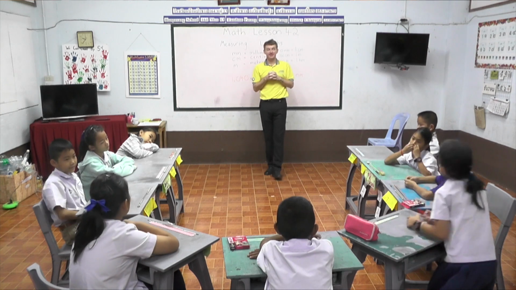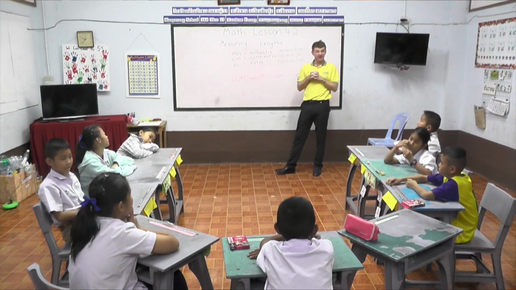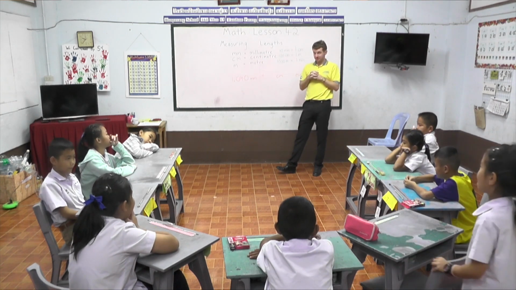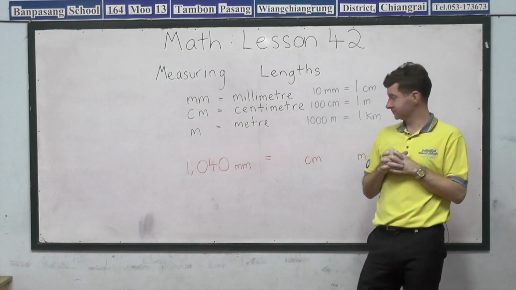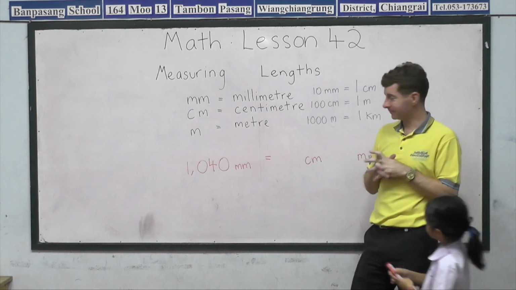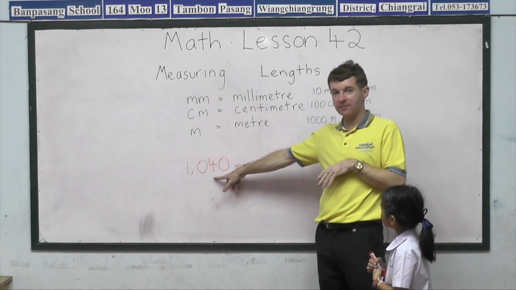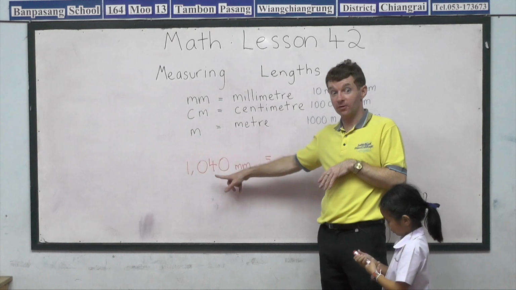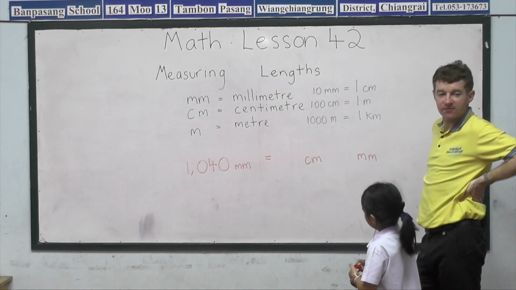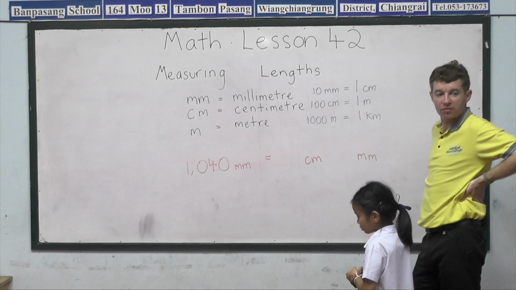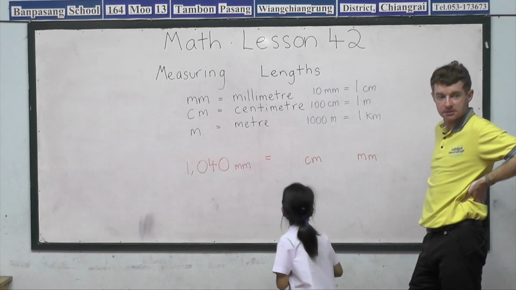Proud, come and join teacher. And this time, we have a large amount of millimeters. How many millimeters do we have? 1040 millimeters. So, how many centimeters can we have with 1040 millimeters?